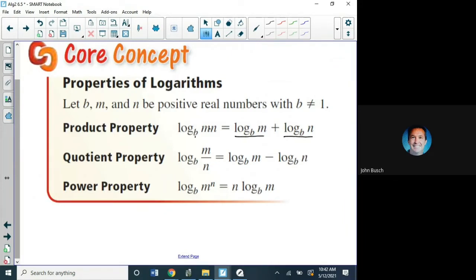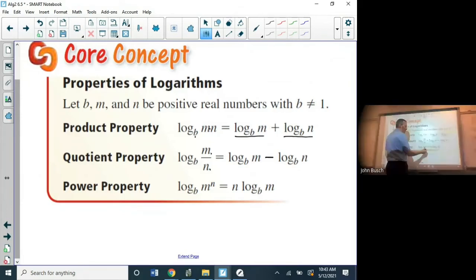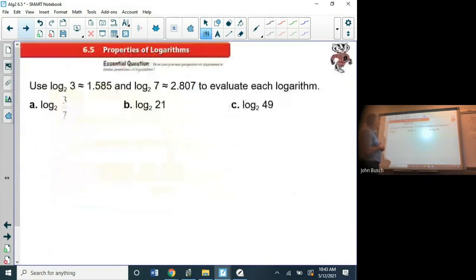Same thing with a quotient, m divided by n: you can write that as the difference of 2 logs. You have the log, any base, and inside of the log is a number to a power. You can rewrite that as the coefficient n times log base b of m. Those are the 3 properties you have to memorize and know.